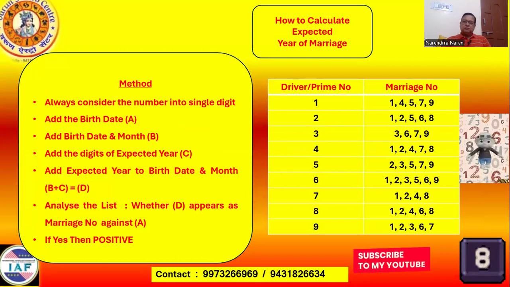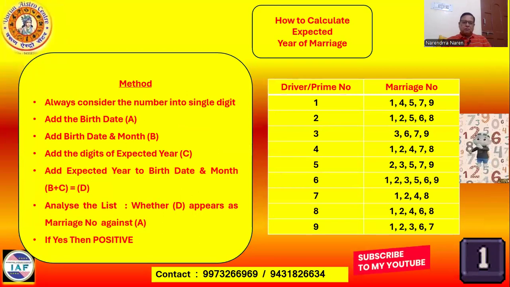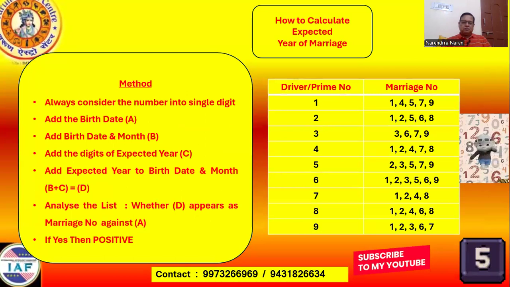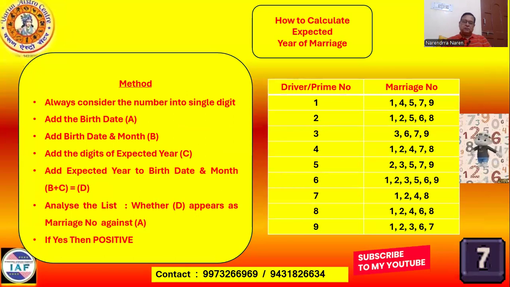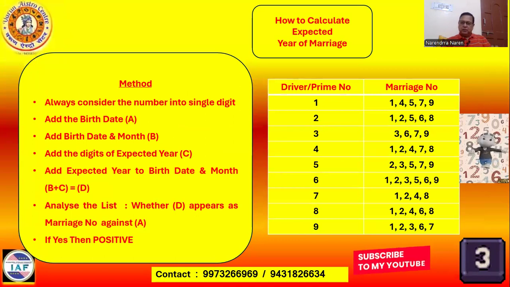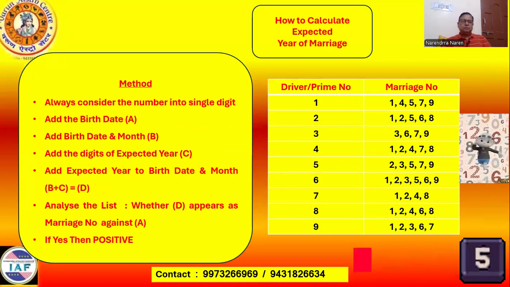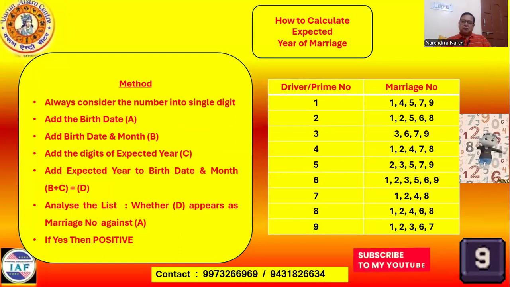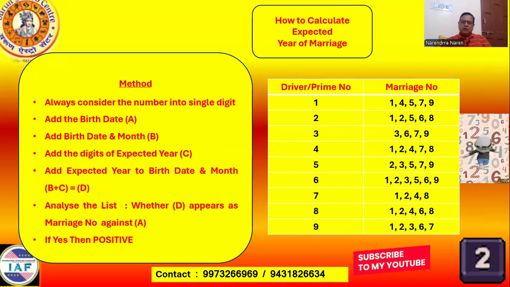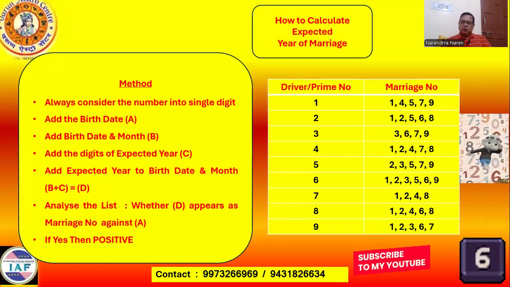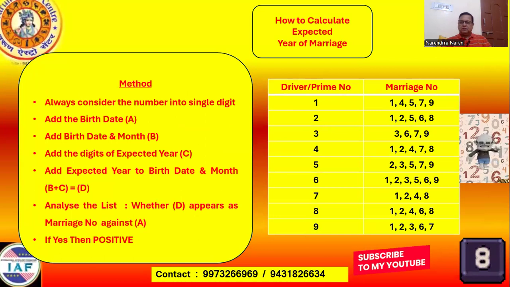So now, what is the method of calculation of the marriage year? In numerology, we have been discussing repeatedly that we consider the numbers from 1 to 9 only. The 0 is ignored because 0 denotes infinity.